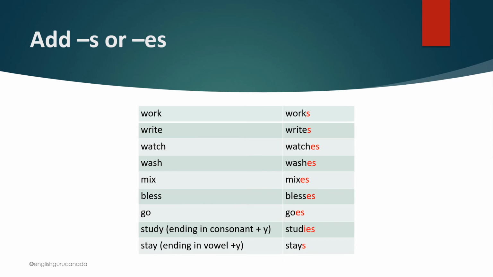So here is the rule for it. If the word is ending in a consonant plus a Y, so if the Y has a consonant before it, in this case D, then we remove the Y and we add IES.